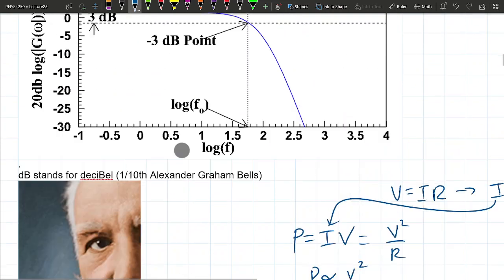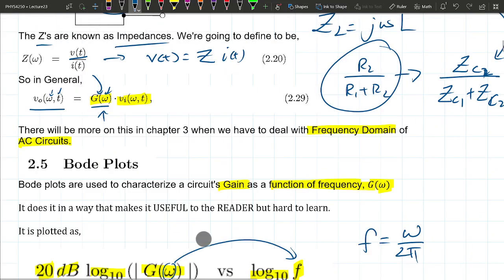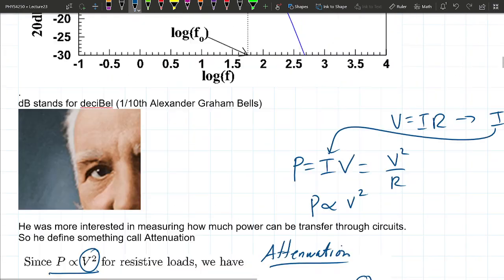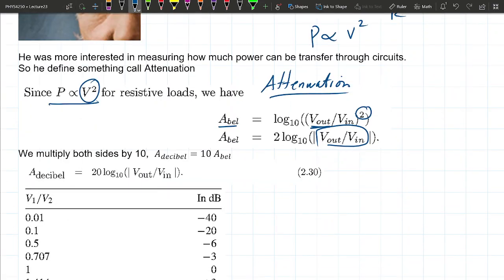Where did we see that before? If you divide both sides of this by V in, that's basically gain, right? The ratio of output divided by input, that's exactly what the gain of that circuit is, okay?